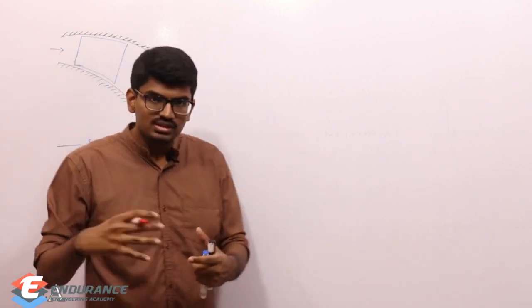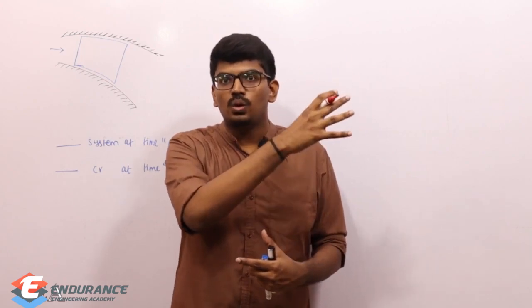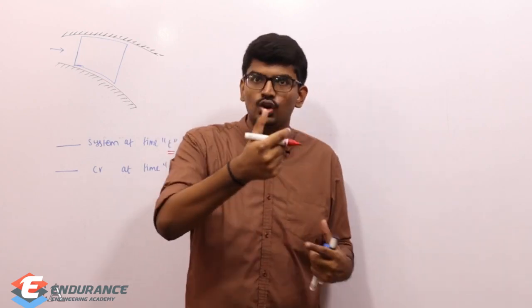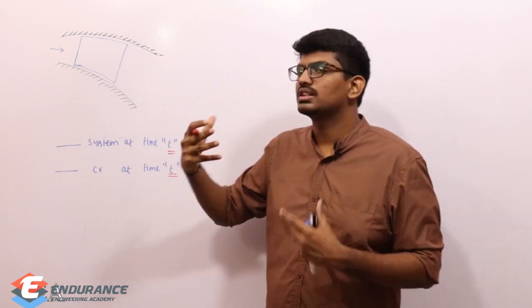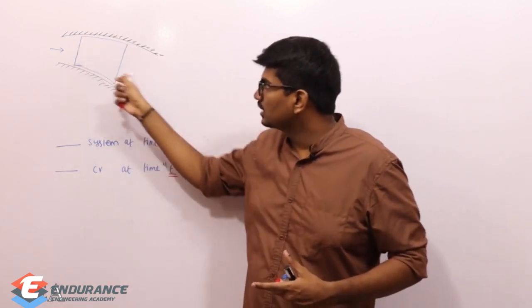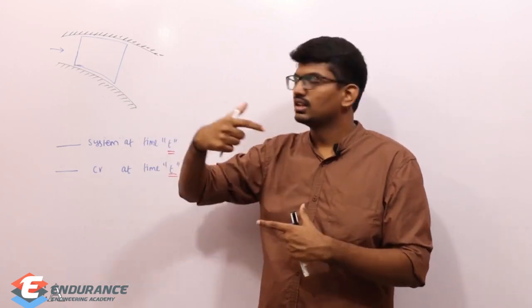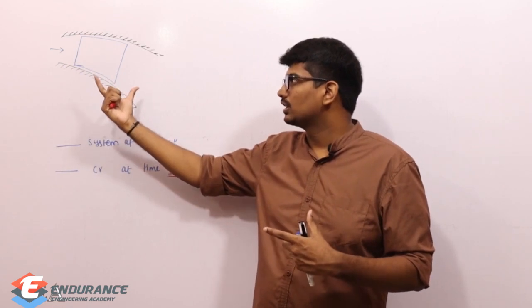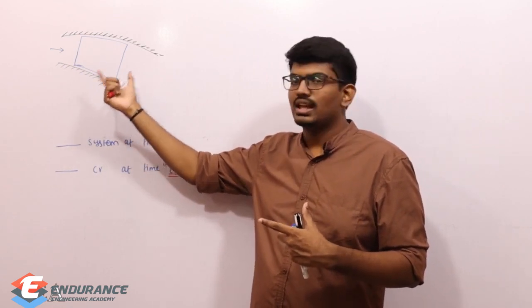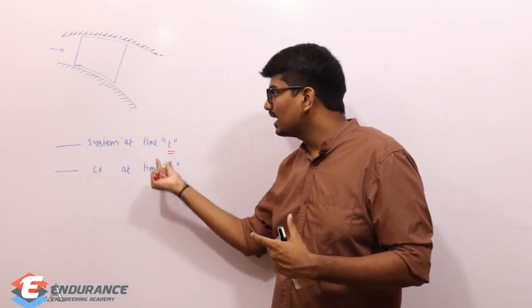What will happen to my system? The system will be continuously flowing, wherever it goes. So at time t, my system and control volume are superimposed. This blue color shape is actually a cylinder, and this particular area represents my system and also the control volume at time t.